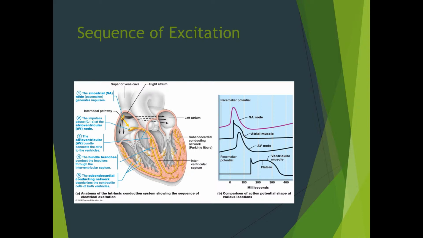We may get some SVT, some supraventricular tachycardia, so we get some other areas up here causing the ventricles to contract really rapidly. But anything that causes the heart muscle to contract that is not in the proper sequence within the intrinsic conduction system would be considered an ectopic focus.